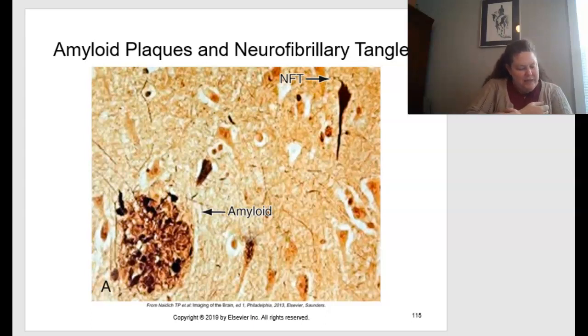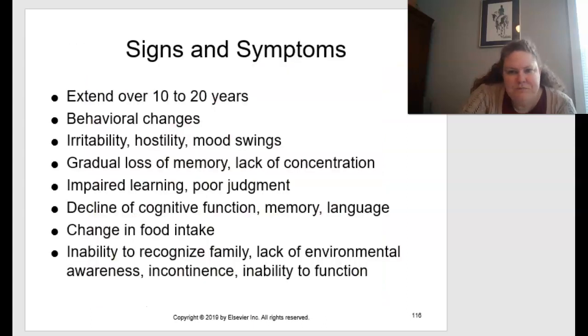The amyloid plaques are going to be basically there, and this is going to cause signaling issues and other neurodegenerative problems. So again, the signs and symptoms can extend over 10 to 20 years. It causes behavioral changes, irritability, hostility, mood swings.